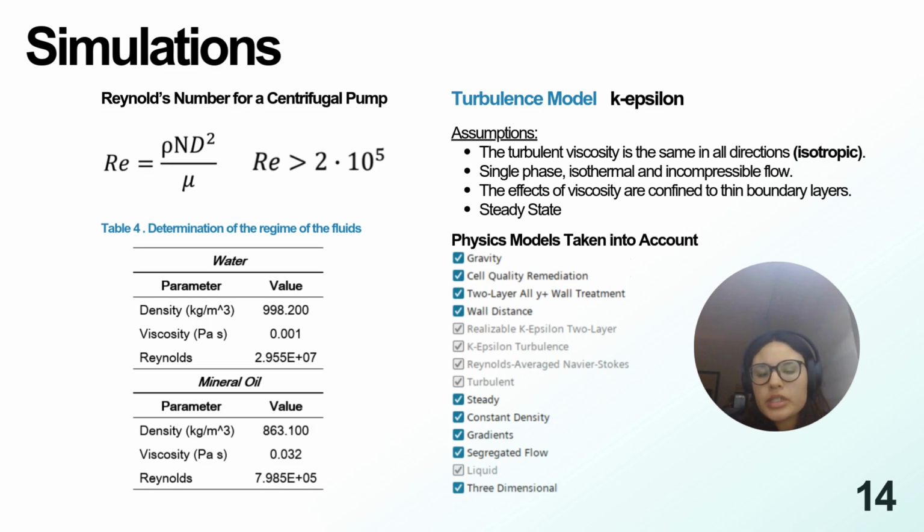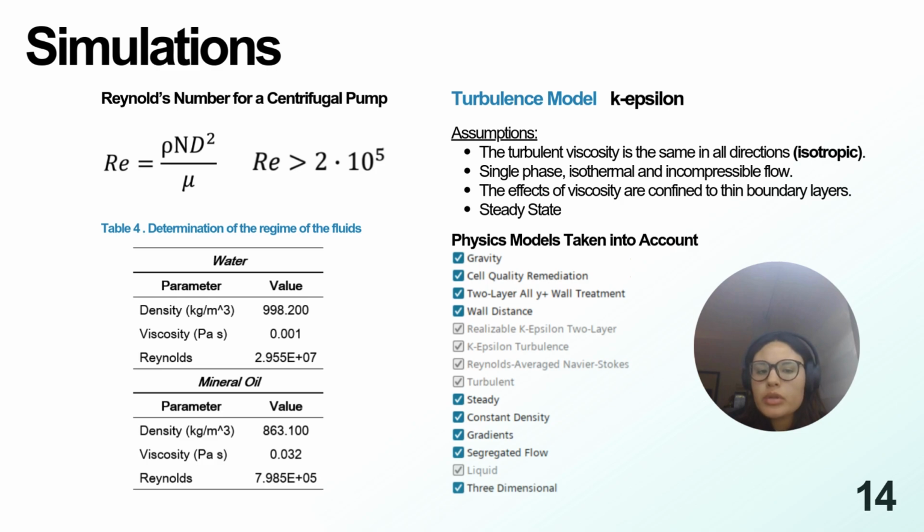In order to start the simulation process, it was essential to find the Reynolds numbers for both water and mineral oil to identify the flow regimes of both fluids, and therefore choose the appropriate models to simulate the operation of the pump. According to Table 4, both water and mineral oil have high Reynolds numbers, and since they are both greater than 2 times 10 to the fifth power, the fluids can be considered turbulent.